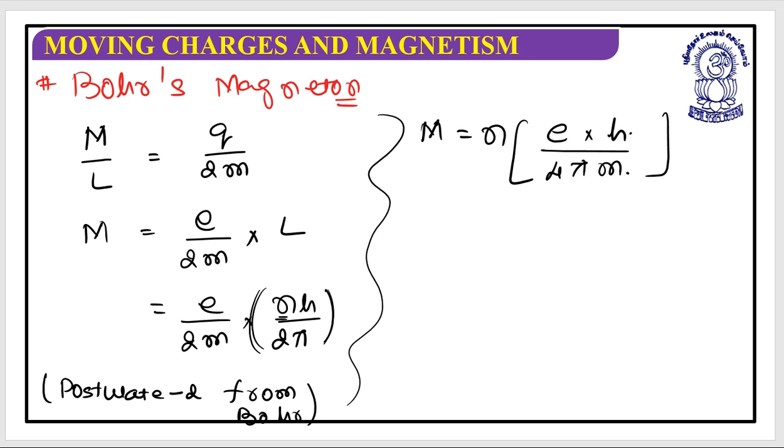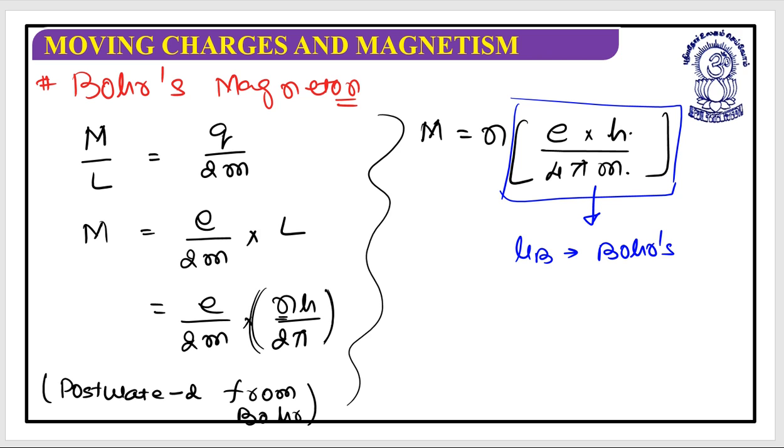So this box could be represented as mu B, and this is Bohr's magneton. I hope this is clear. Do you have any doubts over this? Are you sure?